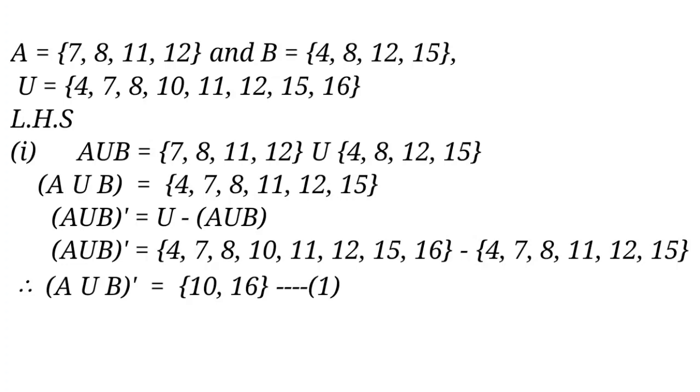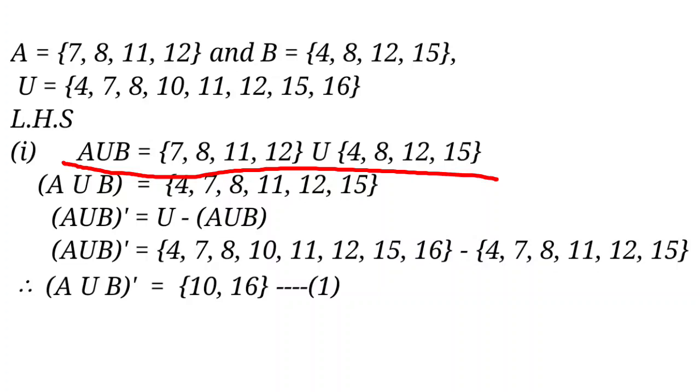First subdivision, (A union B)' is equal to A' intersection B'. Left hand side, (A union B)'. First we find A union B. A union B is equal to {7, 8, 11, 12} union {4, 8, 12, 15}.